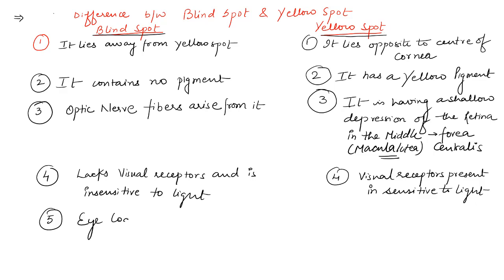Eye coats are absent at the level of the blind spot. Eye coats are present at the yellow spot.